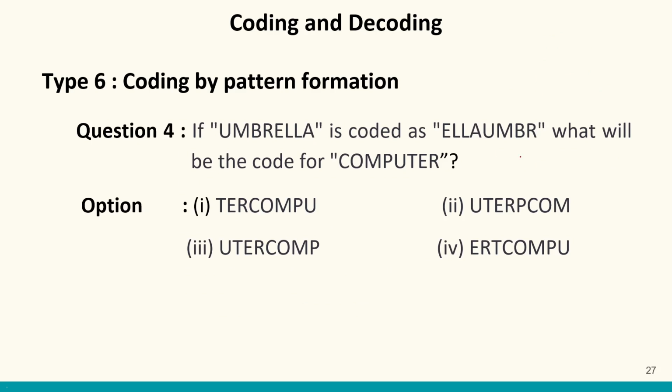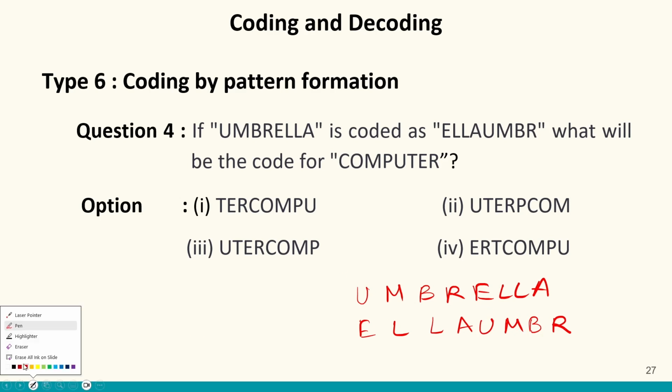Then umbrella, if I look at this, umbrella is coded as this, right? So I can give them numbers. Let's see. 1, 2, 3, 4, 5, 6, 7, and 8.